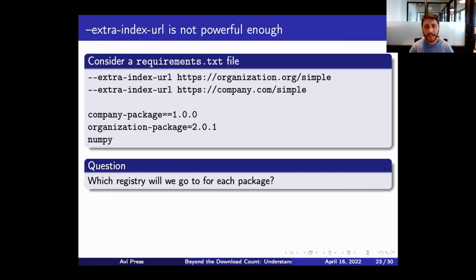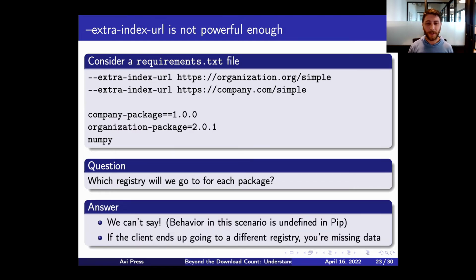So, if you consider this requirements.txt file, you have one company that has its own index, another organization has theirs, and we're going to pull packages from both of those registries as well as PyPI. The question is, for any of these packages, where will pip go to install the package? Well, the answer is we don't know.